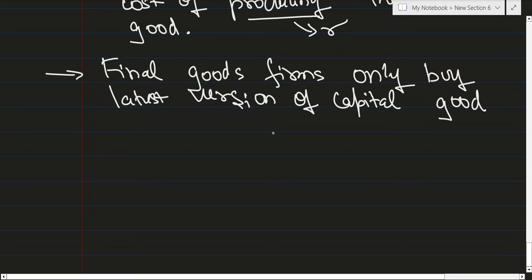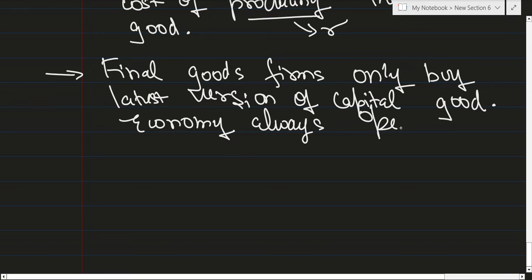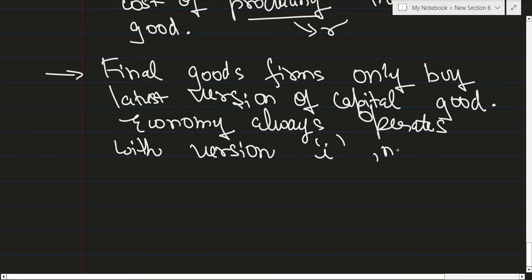Economy always operates with version I, that is the latest, not any I minus 1 or I minus 2 and so on.